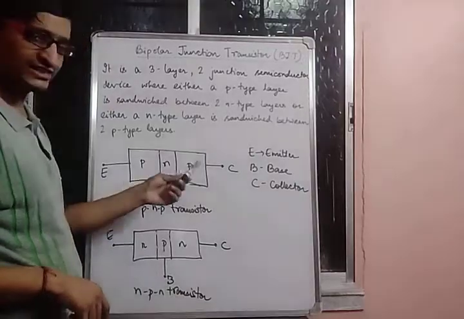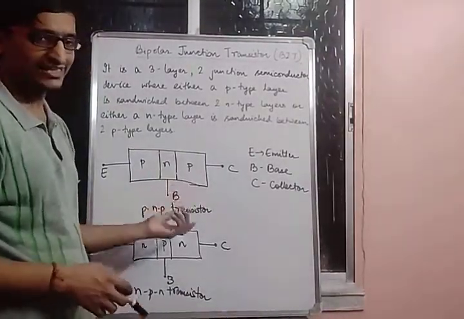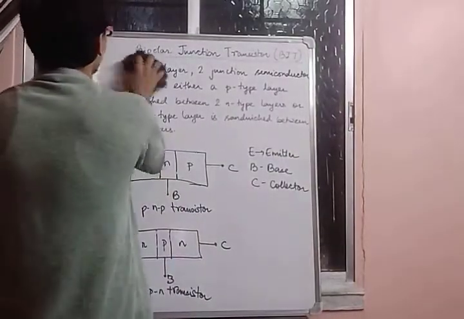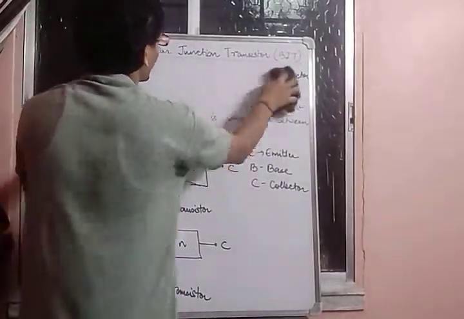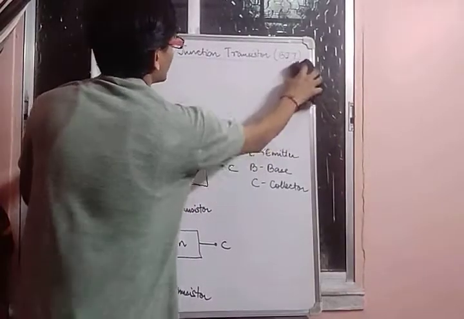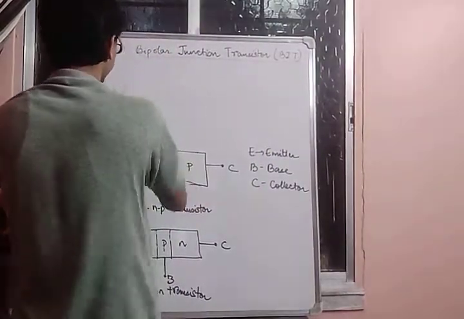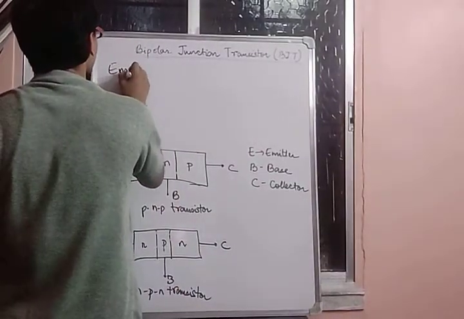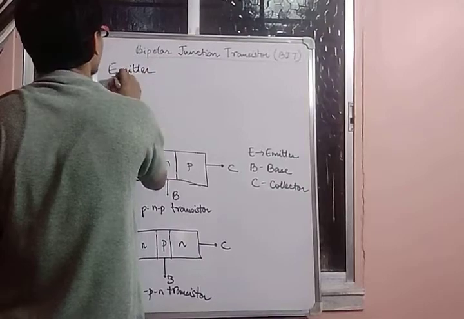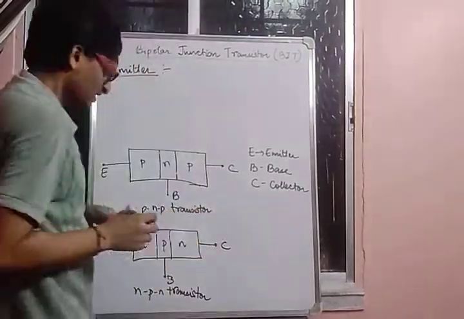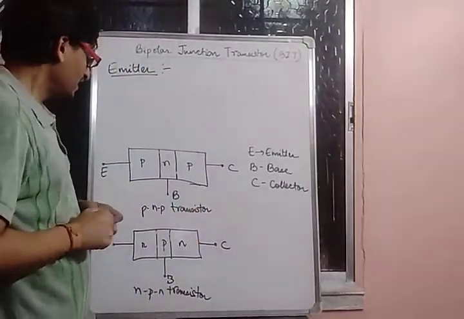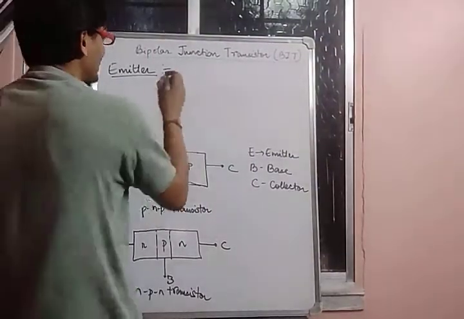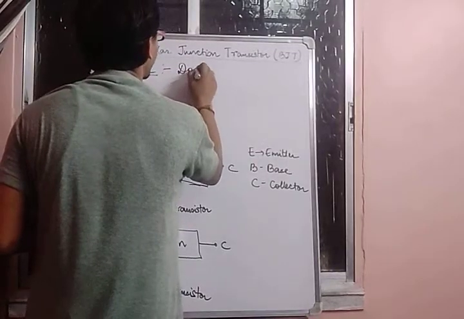If we consider the width of these three layers and the doping of these three layers, it will be somewhat like this. If we consider the emitter layer, as far as doping is concerned, doping will be maximum in the emitter layer.